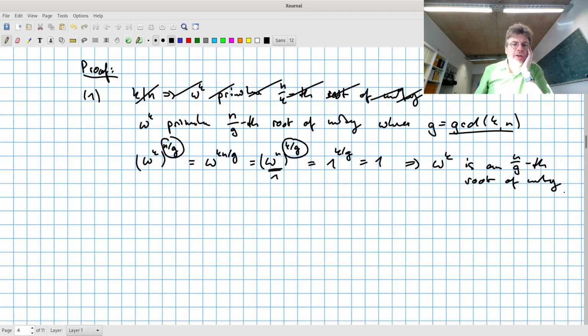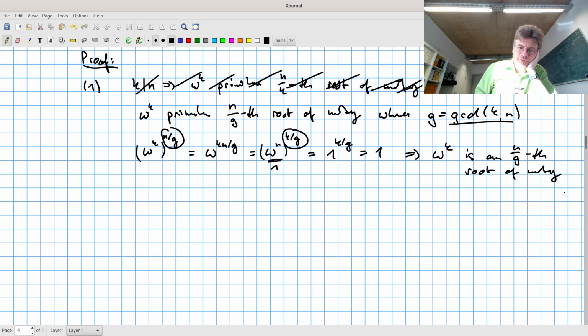And it remains to show that it's a primitive n over g's root of unity. To see this, let's see what happens if we take omega to the k to the i, for some i such that omega to the k to the i is 1.